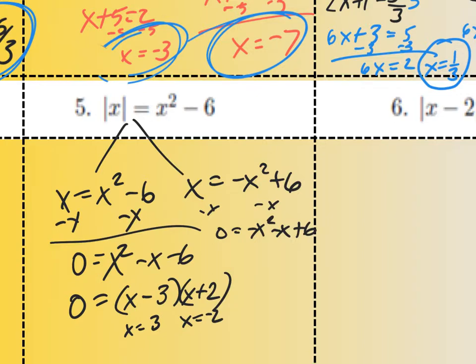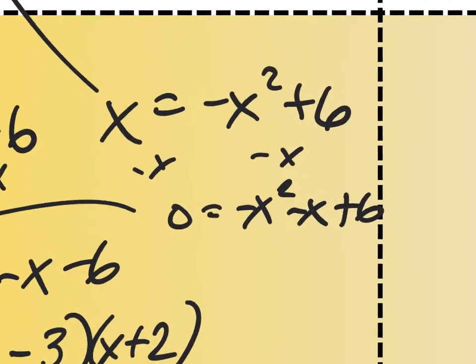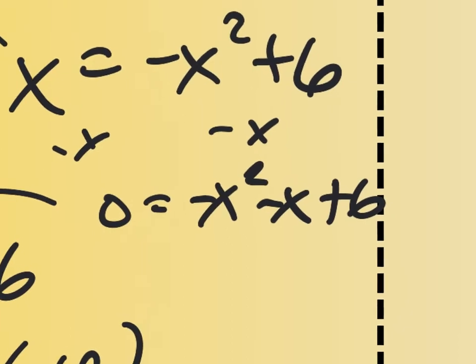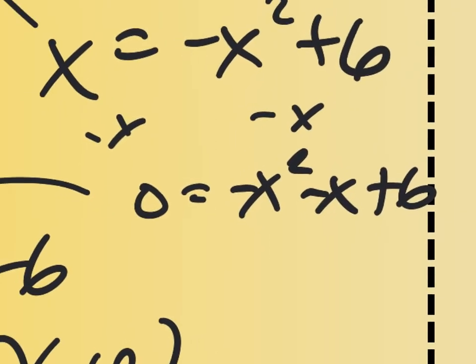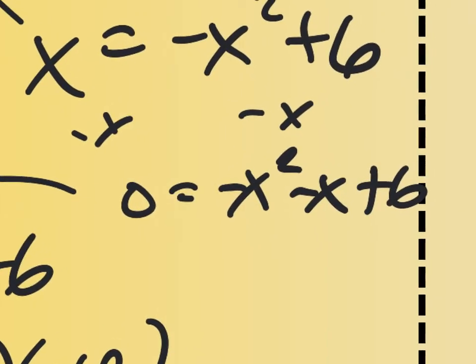All right. Now, on this one, I want to draw your attention to our negative x squared plus 6. And I'm going to subtract x from both sides, and then I get negative x squared minus x plus 6.